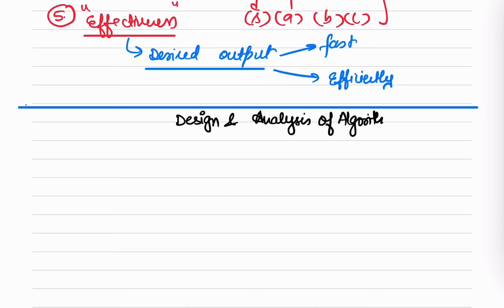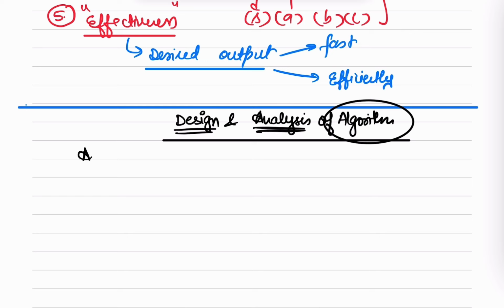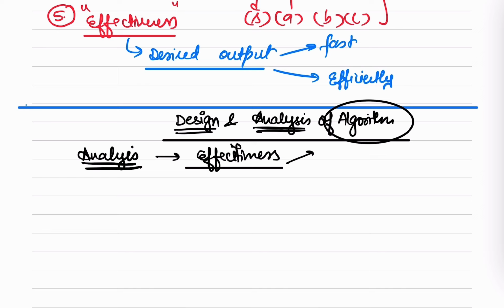We have covered what we mean by the word algorithm, but we are still yet to cover design and analysis. Analysis is nothing but a measure of effectiveness. That is, you will be calculating time complexities and space complexities, right?